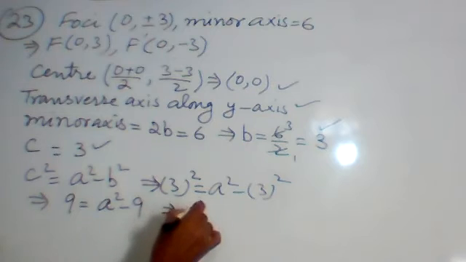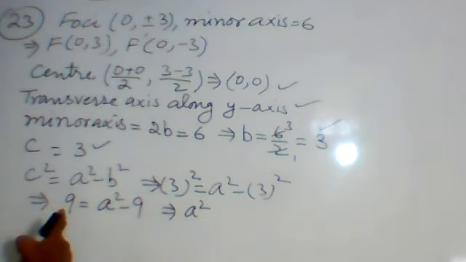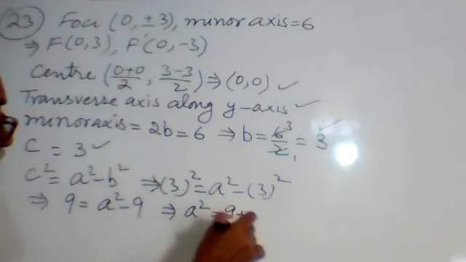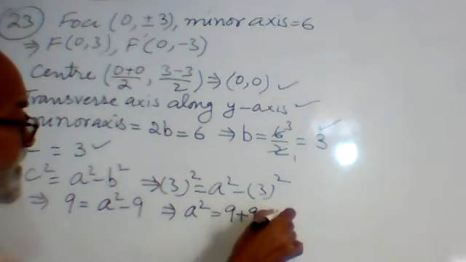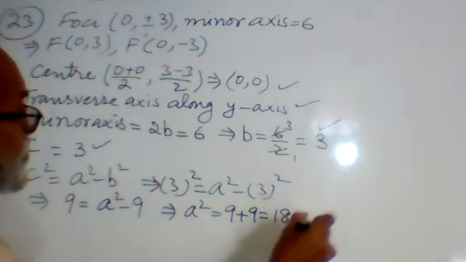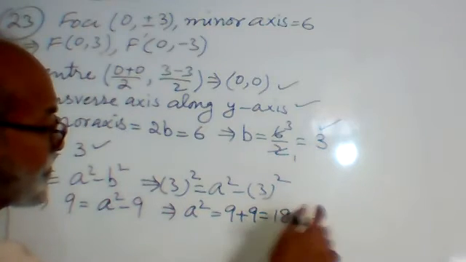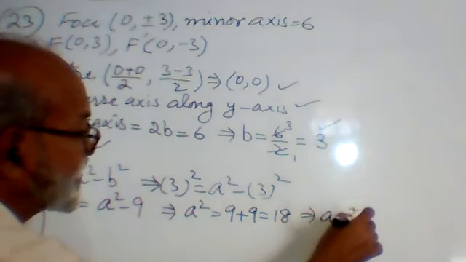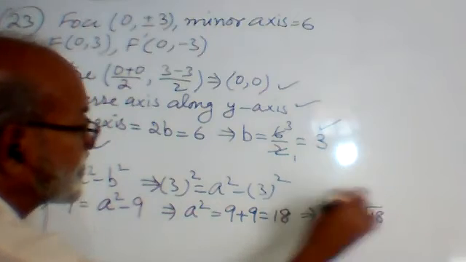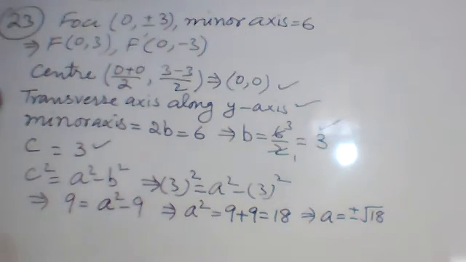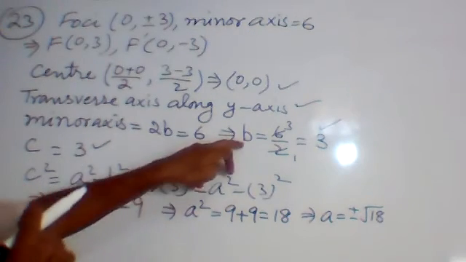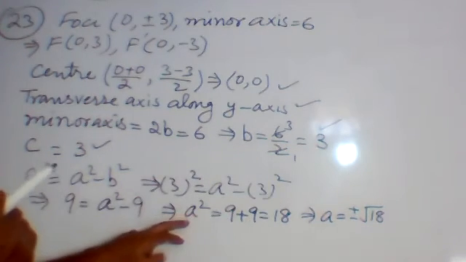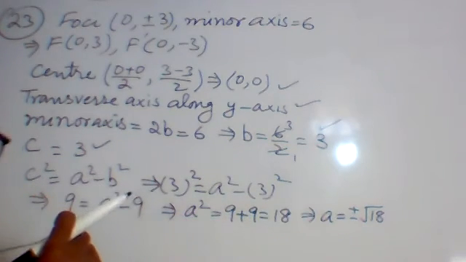Minus 9 will go on the other side, so 9 plus 9 is equal to 18. So a is equal to plus minus under root 18. Now b is found 3, a is found as plus minus under root 18.